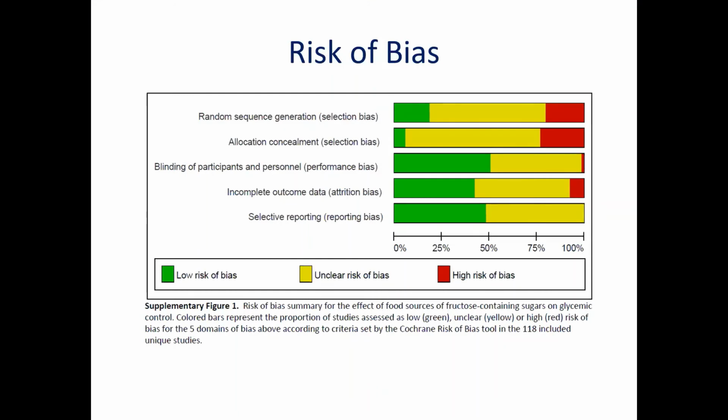Here's the risk of bias summary of all studies in my example, which is found as supplementary figure 1. As you can see in the figure legend, green represents assessments of low risk of bias, yellow is unclear, and red is where assessments were made indicating high risk of bias was found. In this example, there's a bit of red representing high risk of bias in the domains of random sequence generation and allocation concealment.